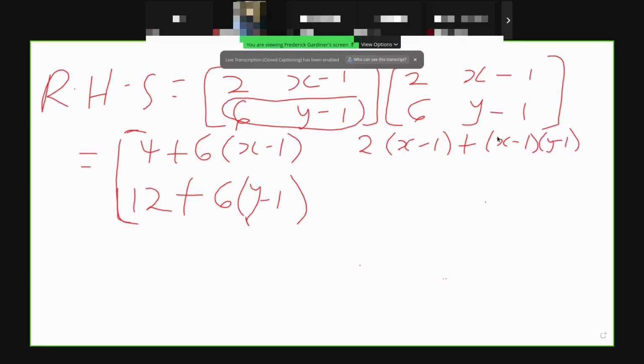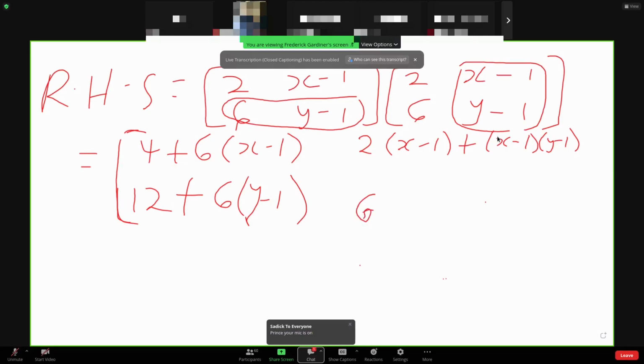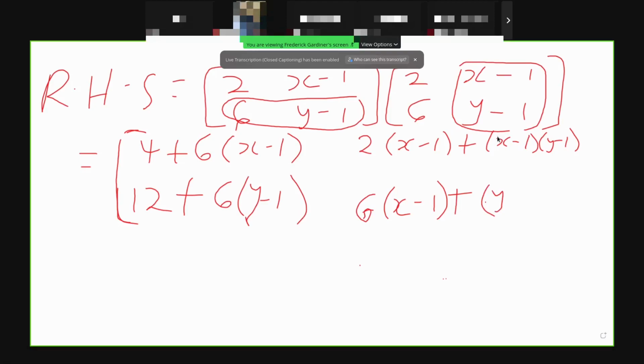Now we look at it taking on the second column as well. So now, 6 will multiply x minus 1. Then we add y minus 1 multiplying y minus 1.